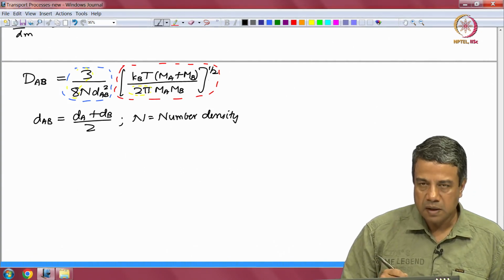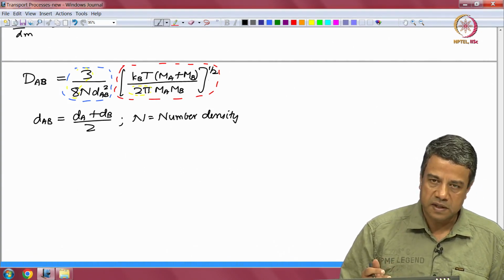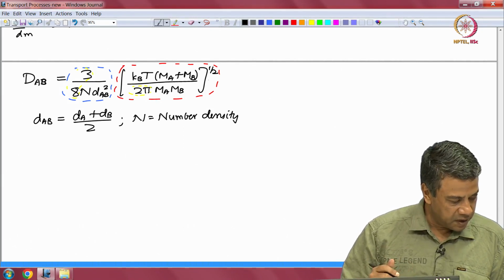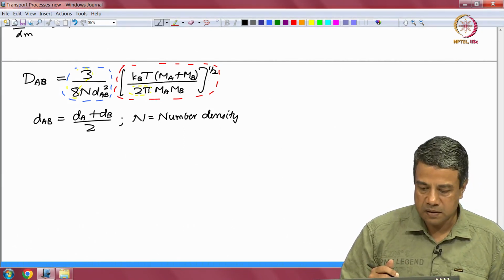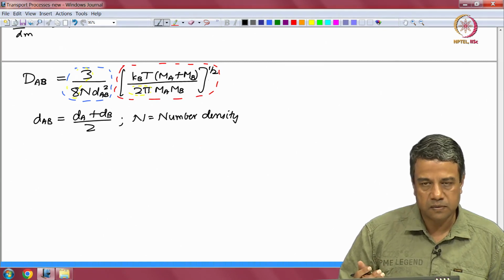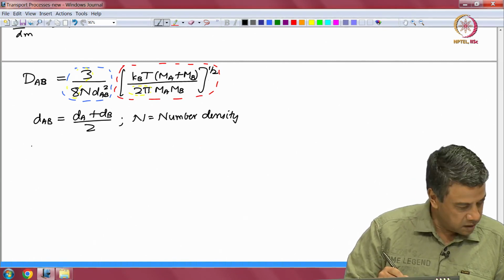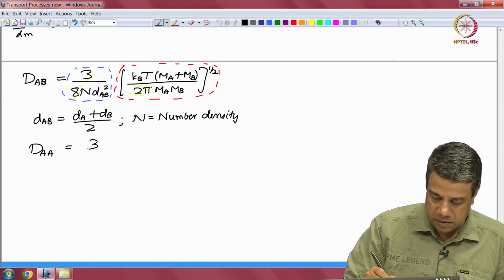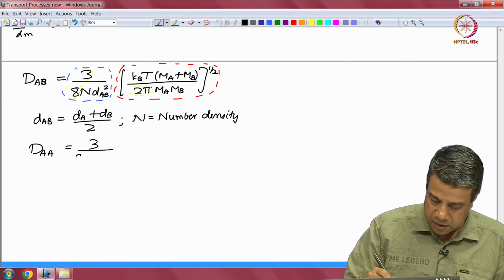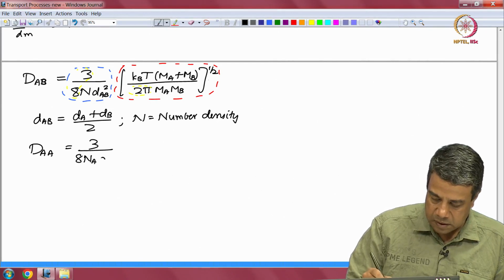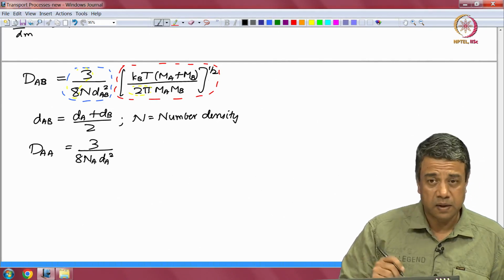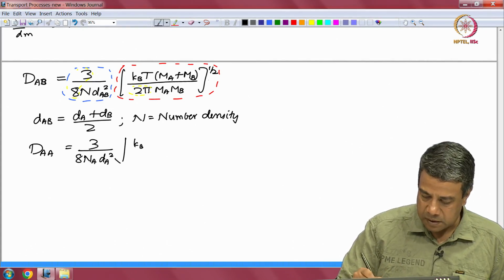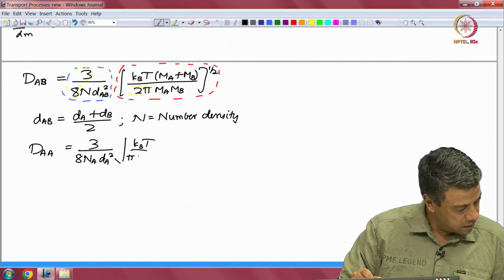And for the self diffusion coefficient, that is molecules of A within A itself, you just substitute MA is equal to MB and dAB is equal to dA, and you get this diffusion coefficient DAA is equal to 3 by 8 nA dA square, that is if you have only one component, root of kB T by pi MA.